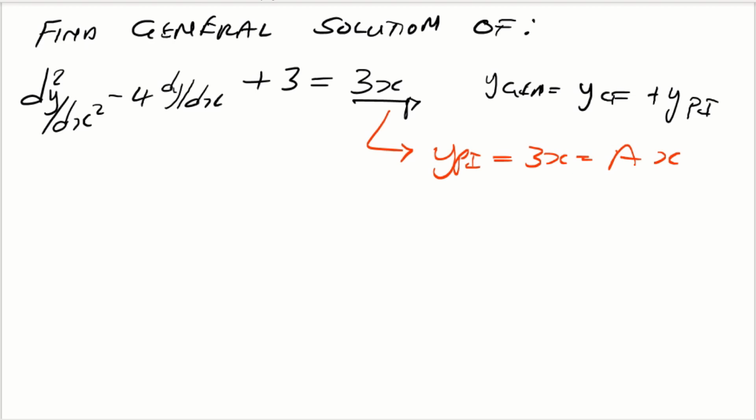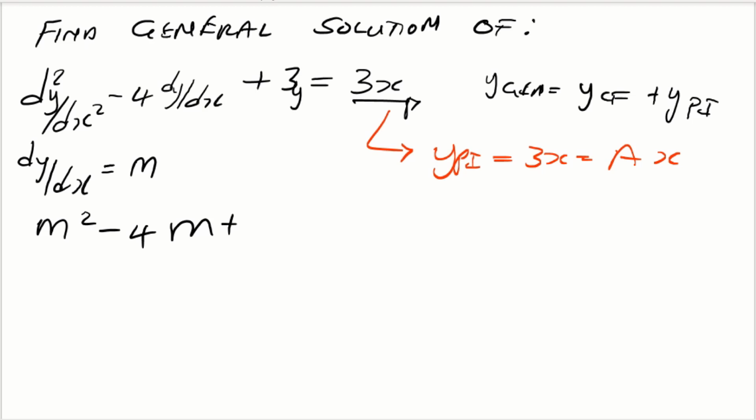Okay, first thing first, dy over dx equals m. So where there's dy over dx, you put m. So you get m squared minus 4m plus 3, I forgot to put the 3y there, equals 0. So you ignore this value of 3x.